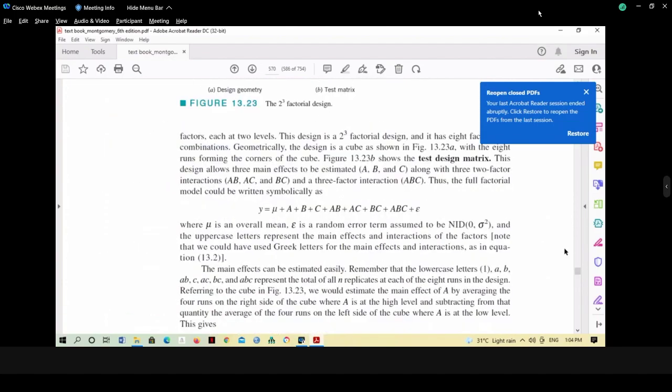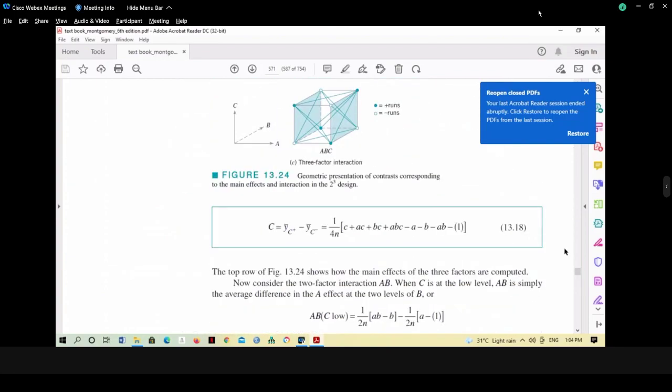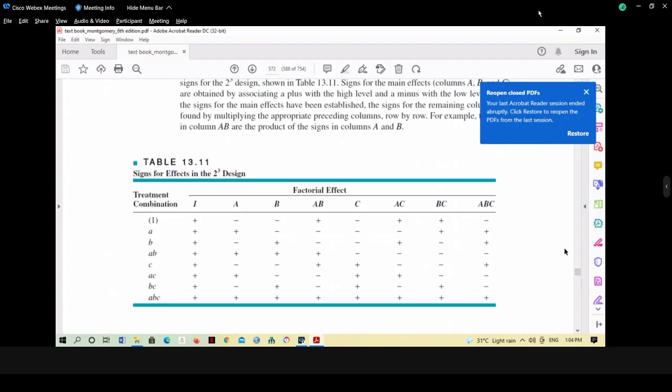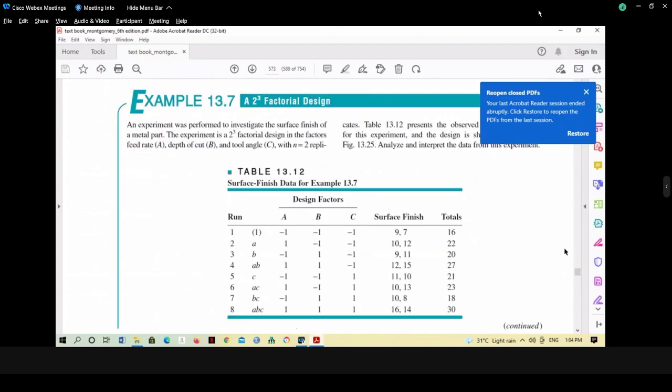This is a 2 power of 3 example. Remember, you have 3 factors, A, B, and C. A is feed rate, B is depth of cut, C is tool angle, and 2 power of 3 is 8 runs.